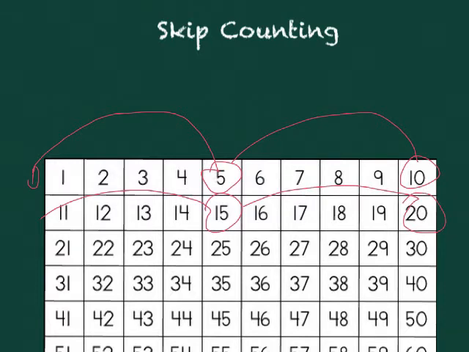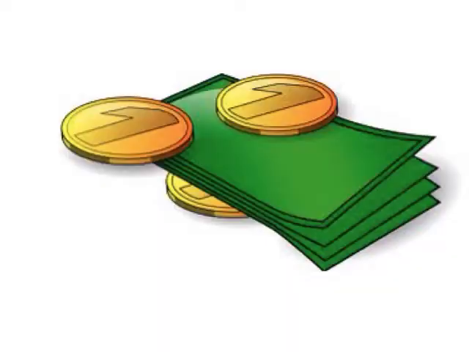Now today we're going to have a look at skip counting in 2s, and in 5s, and in 10s. Now that can be really useful for lots of things, like counting money. Sometimes we count notes and coins. We could count them in 2s or 5s or 10s.